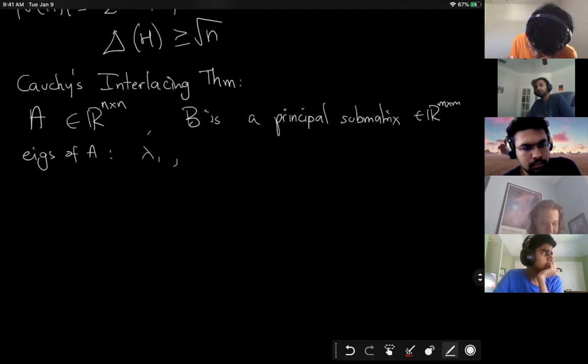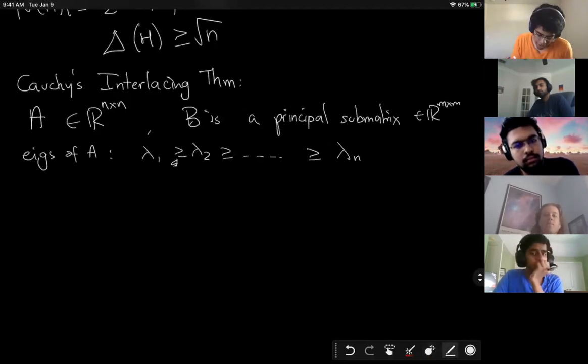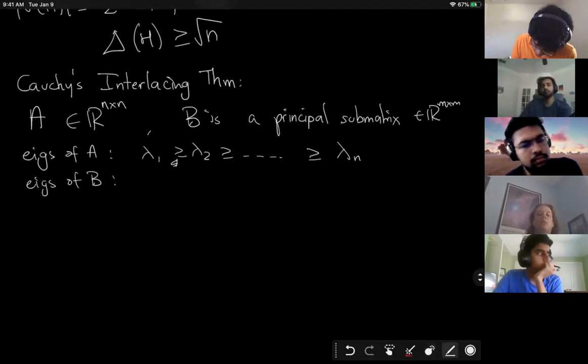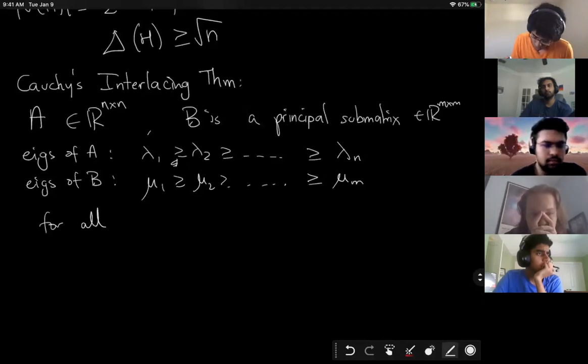Lambda 1 greater than or equal to lambda 2 greater than or equal to lambda n. And you look at the eigenvalues of B, mu 1 greater than or equal to mu 2 and so on to mu m. Then for all i, the bounds here are a little annoying.